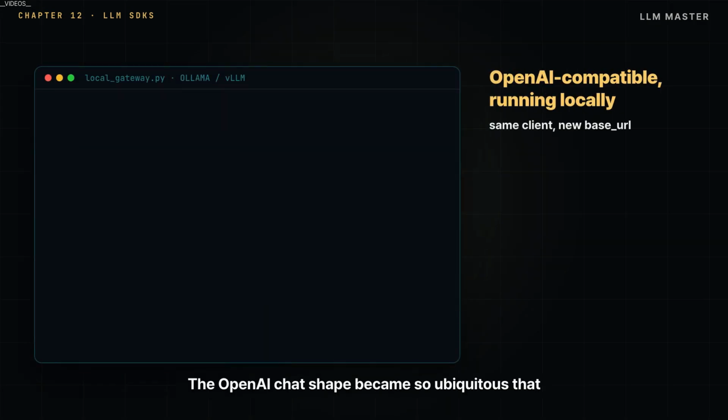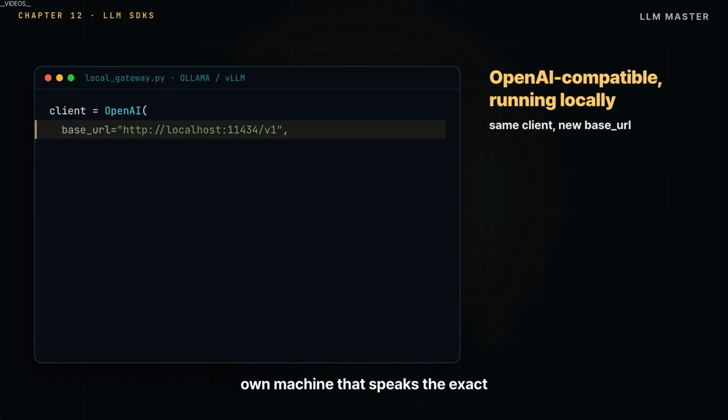The OpenAI chat shape became so ubiquitous that it turned into a de facto protocol, and local model runtimes lean into that hard. Ollama and vLLM both expose an OpenAI-compatible endpoint, a server on your own machine that speaks the exact chat completions dialect. So you don't need a new library at all. You point the ordinary OpenAI client at a local base URL.